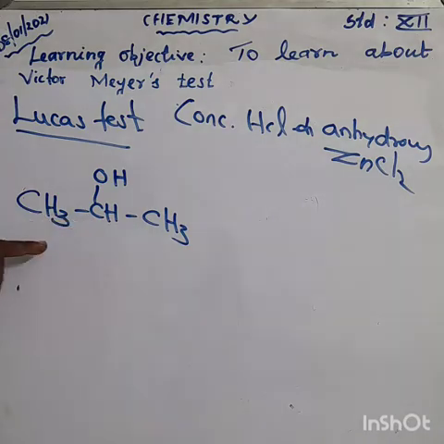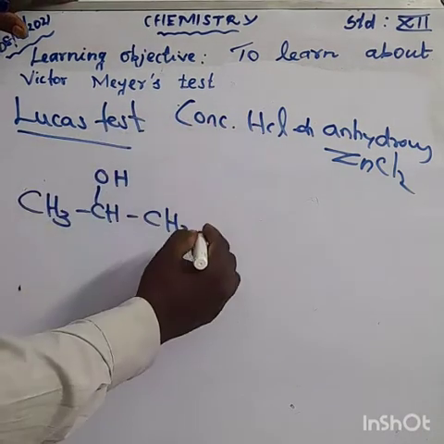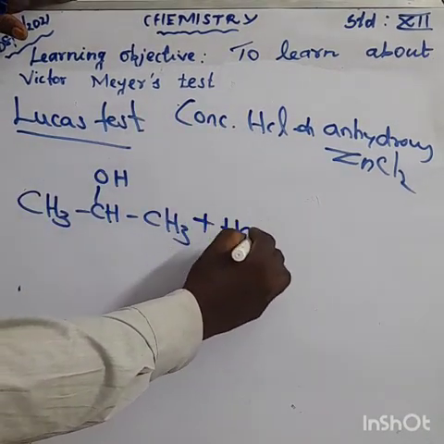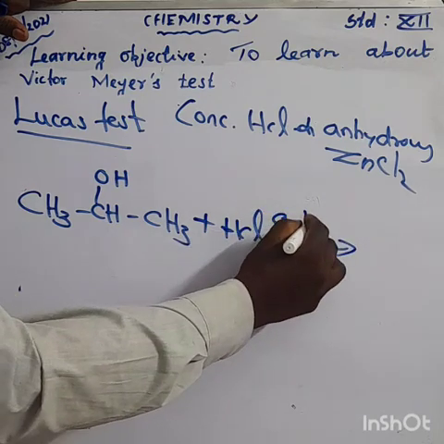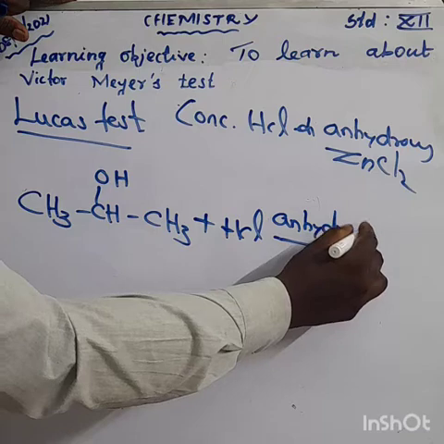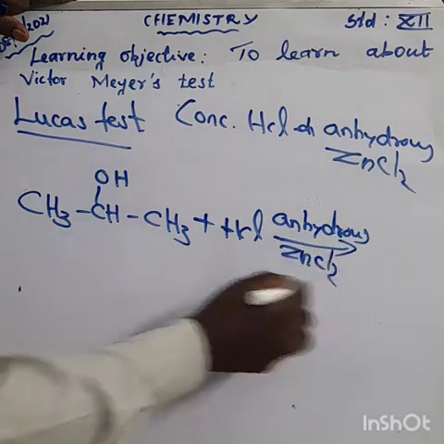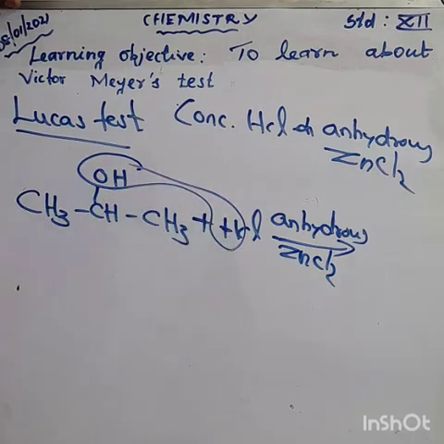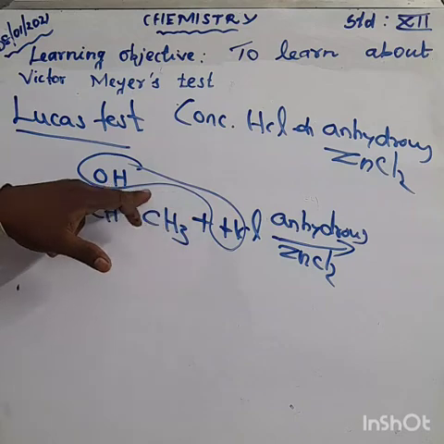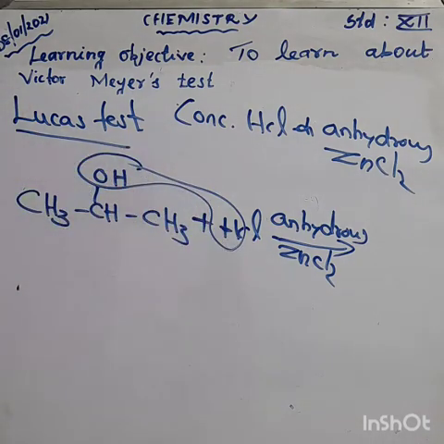Because it has two CH3 groups. It reacts with the Lucas reagent, HCl and anhydrous ZnCl2. Here hydrogen combines with the OH, we get water molecules and the chlorine will be attached there.